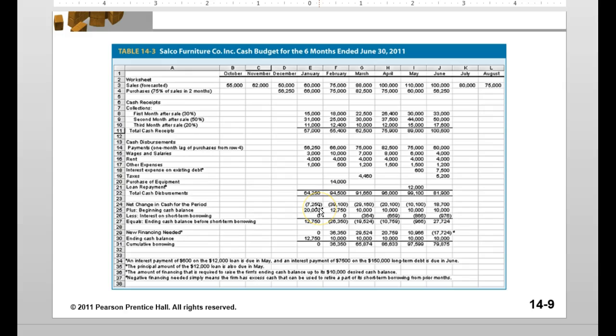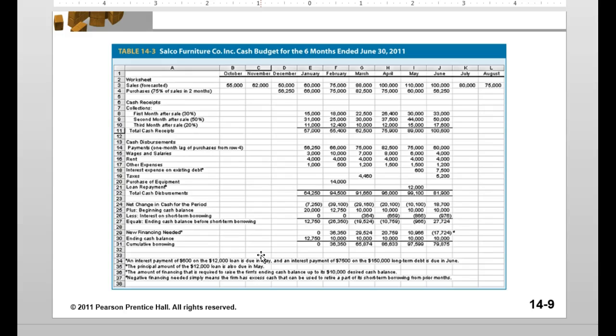And then this was our beginning cash balance. So that means in the end we have $12,000 left. But look what happens for each subsequent month. There's not enough cash to cover all of these disbursements. So then you're going to come down here and say, well, I'm going to have to do some financing across the board here. So that's how you use a cash budget.